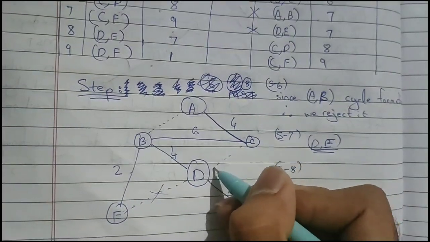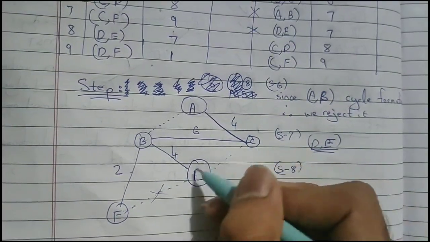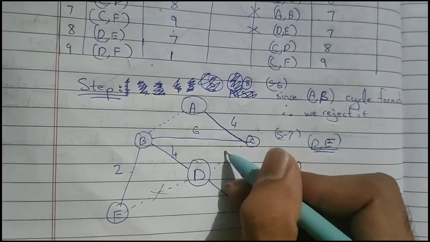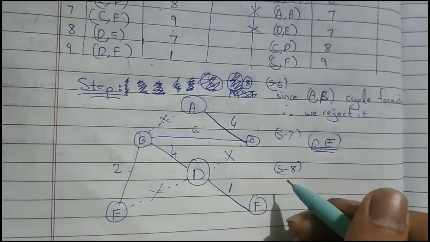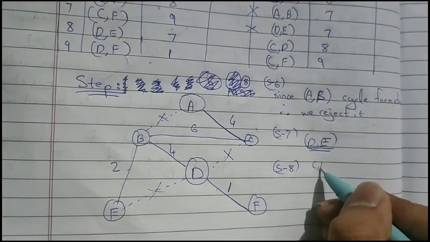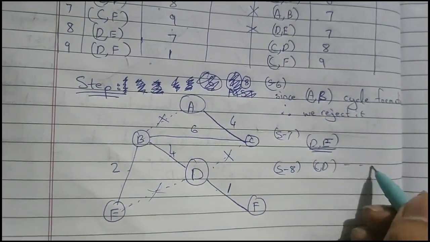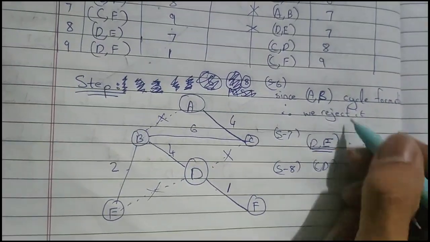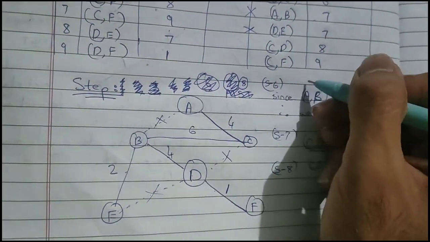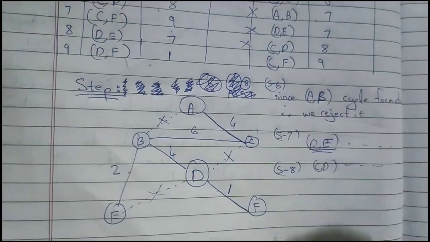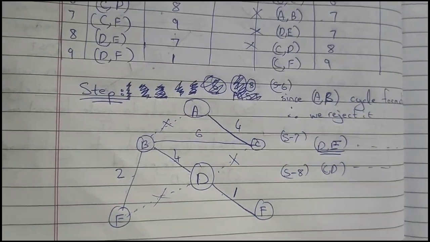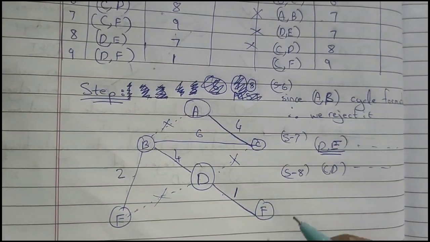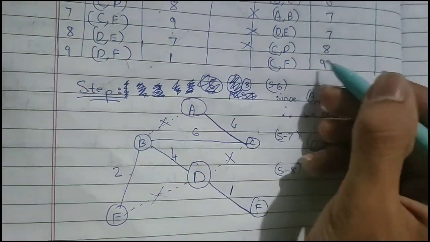Now similarly for step 8, if you look at step 8, when we have the C comma D edge, C comma D leads to cycle formation again. So we reject that also. This is also rejected. Okay, so therefore C comma D leads to cycle formation, therefore we reject it. Same statement only, but you just need to write it over there.